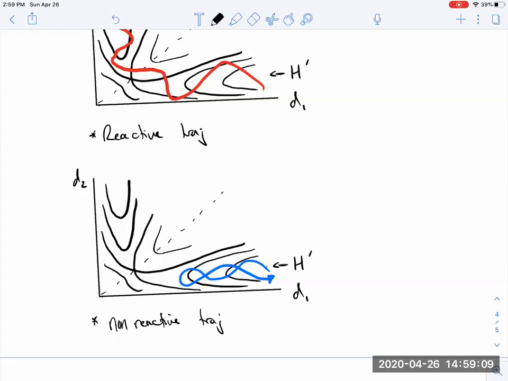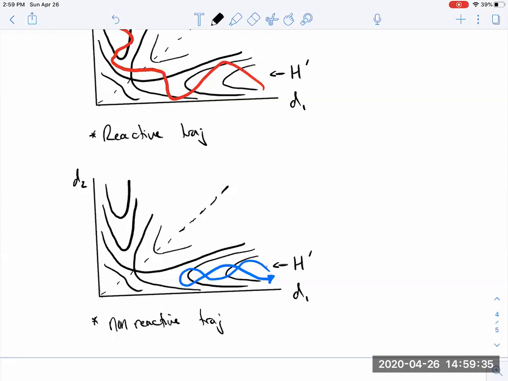So if we wanted to go back and think about how we might estimate the rate of this process, well, again, transition state theory would tell us that all we need to do is find the likelihood, or estimate the likelihood, of getting up to that saddle point in the potential energy surface.